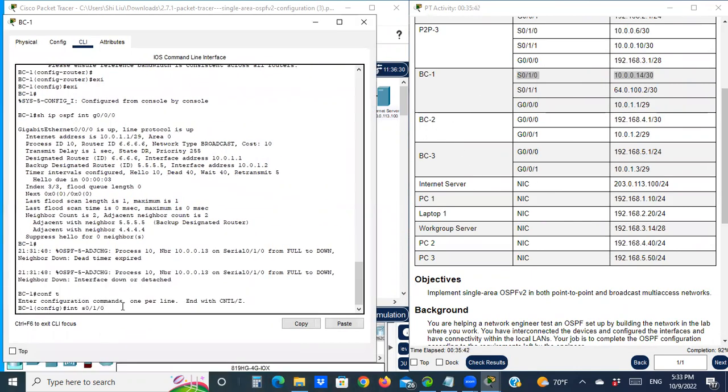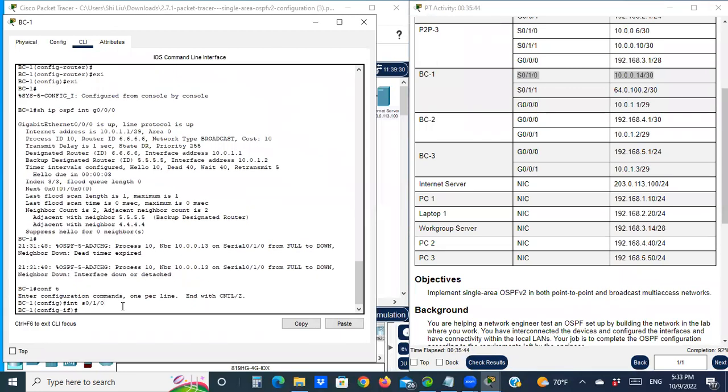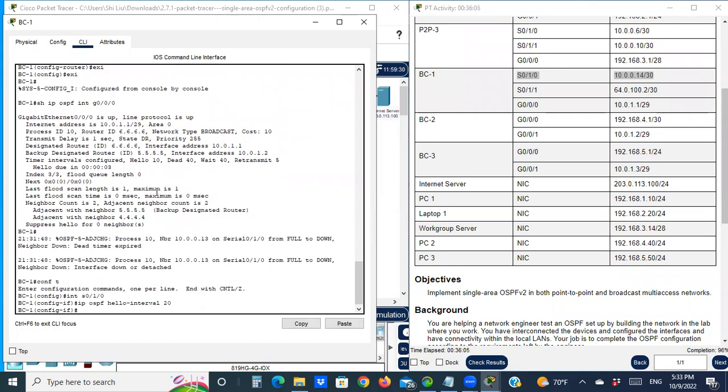Same hello and dead interval: ip ospf hello-interval 20, ip ospf dead-interval 80.